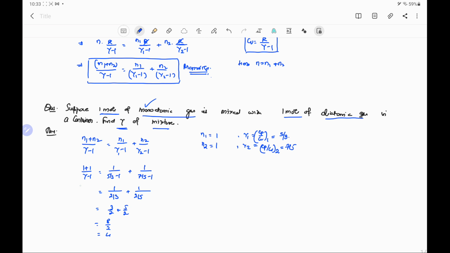And on the left hand side it is 2/(gamma - 1). So we can say 2/(gamma - 1) equals 4. Taking the cross product, it will be 4 into (gamma - 1), or we can write 2 equals 4 gamma minus 4, or 4 gamma equals 6, and gamma equals 6/4, that is equal to 3/2.